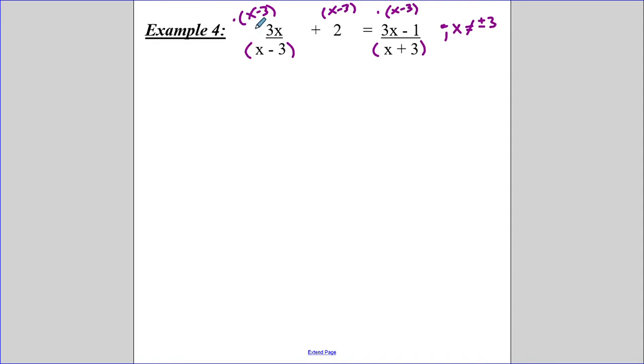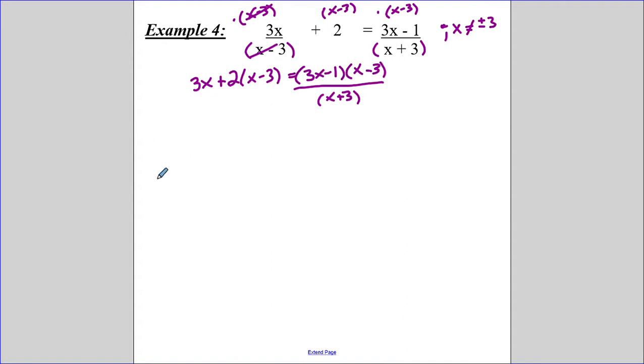In this case, I can see my x minus 3's cancel out, which is the purpose for doing that step, and then I'll have a 3x left over here, plus 2 times x minus 3, equals 3x minus 1 times x minus 3, all over x plus 3. So that helped me simplify that step just a little bit.